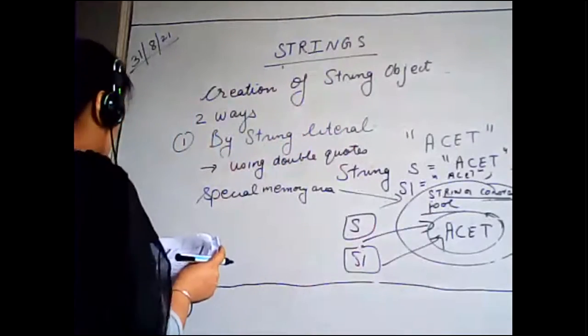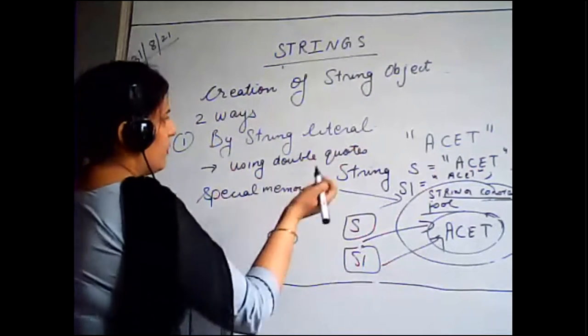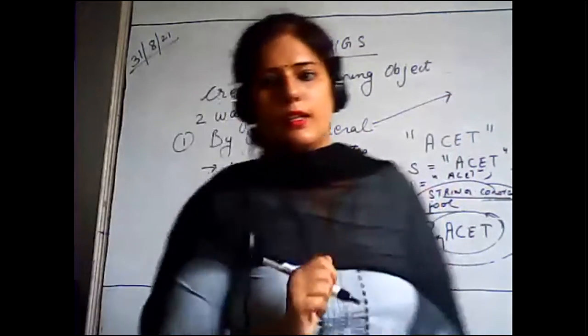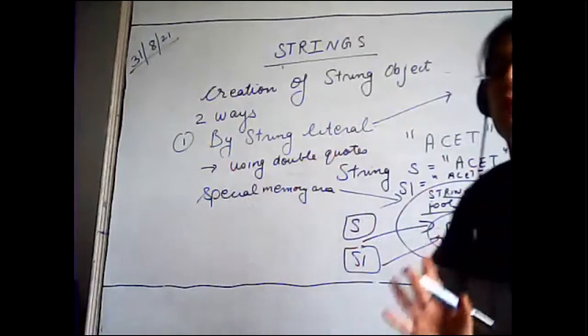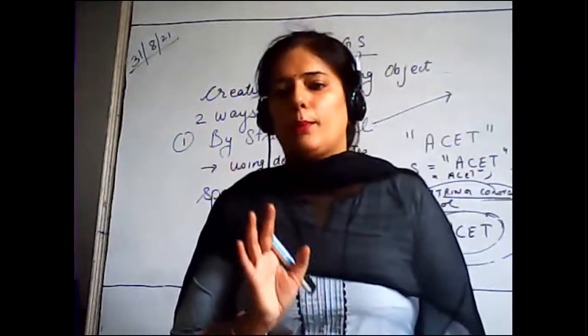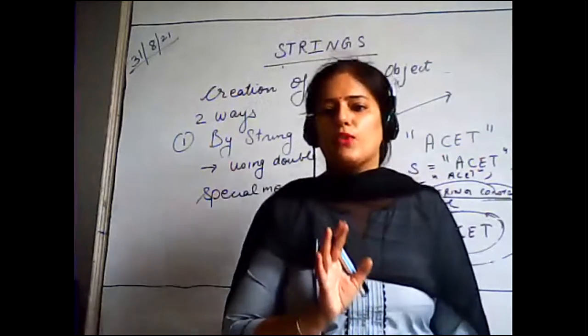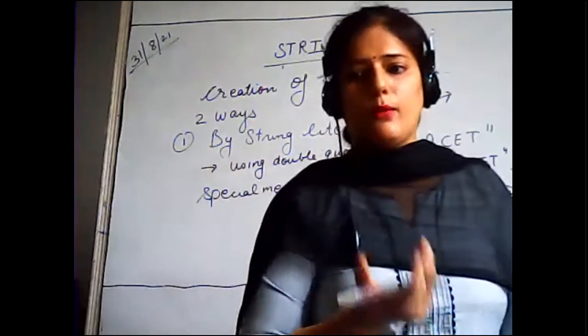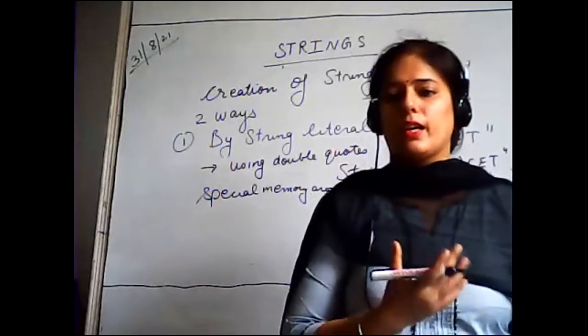Why do we use the concept of a string literal? What is the benefit of using it? Because it provides efficient usage of your memory. How? As you have seen, we don't have to create the same string again and again.